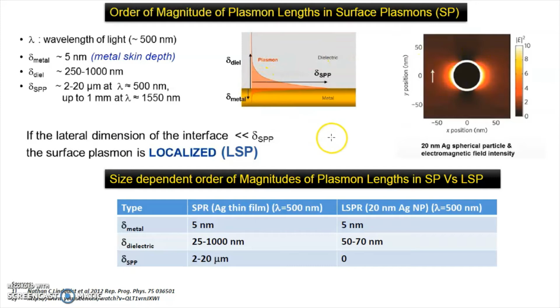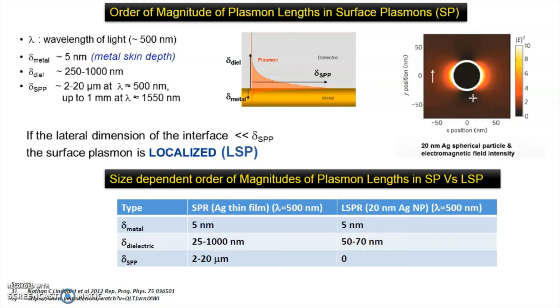If the size of the metal is less than the length of delta SPP, then instead of calling it a surface plasmon, we call it a localized surface plasmon. Why do we call it localized surface plasmon? Because the electric field associated with this nanoparticle is localized.